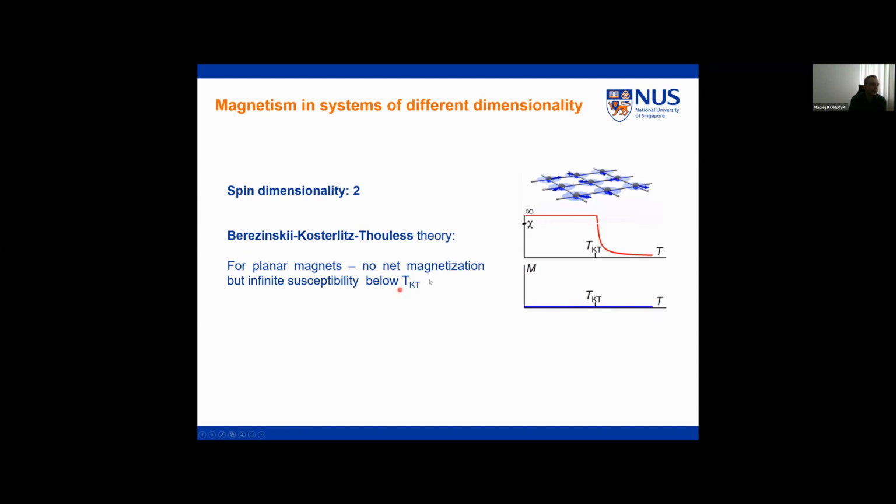However, it predicts a transition at a certain critical temperature where the susceptibility of the material goes to infinity. So it doesn't have net magnetization, but it is extremely sensitive to external perturbation in the form of an external magnetic field. And such a state can be observed, for instance, in very thin layered superconductors and Josephson junctions.